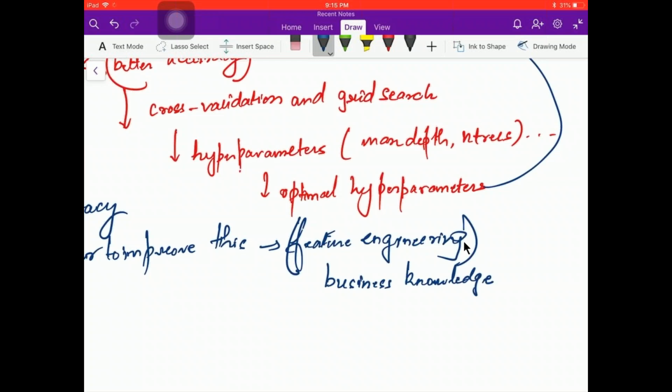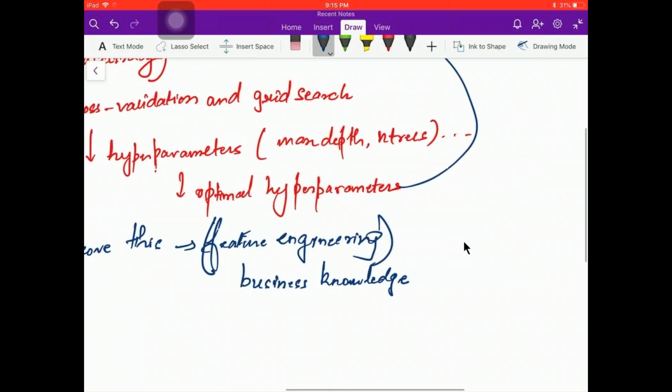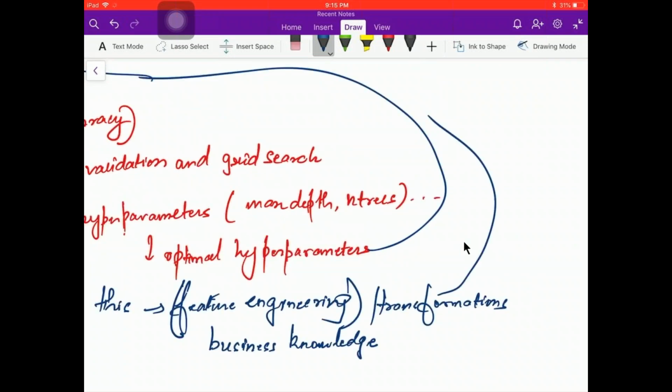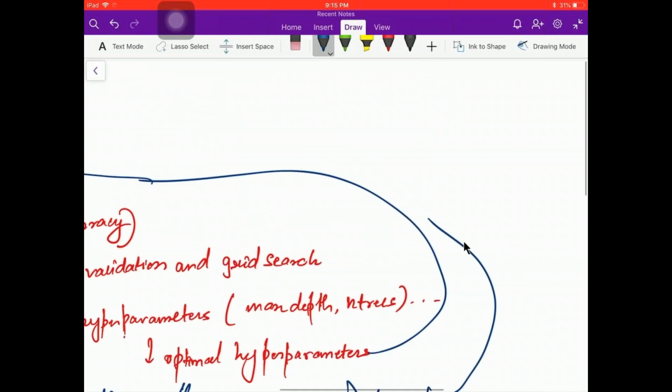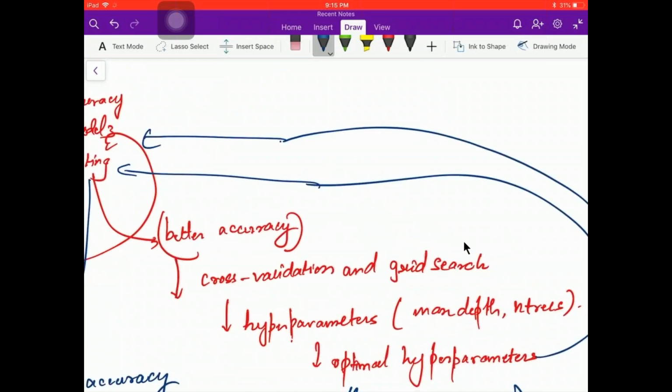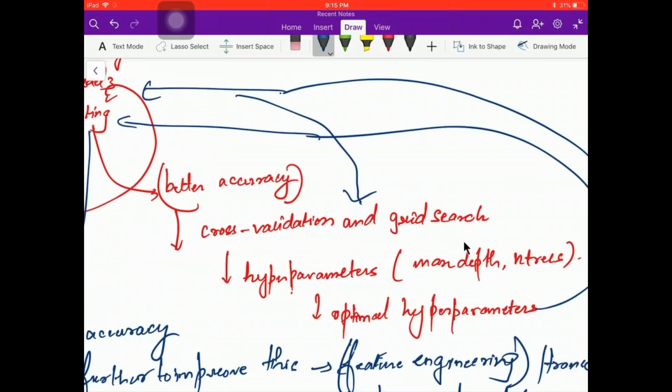Feature engineering can also come with transformations. So you transform the data, you do feature engineering, and you feed this back to your model. You again do cross validation and grid search, and then you get the best accuracy.